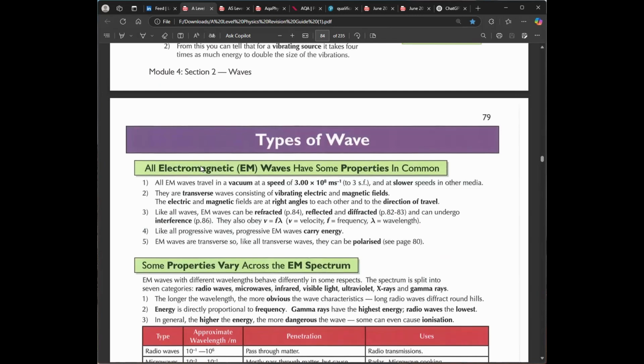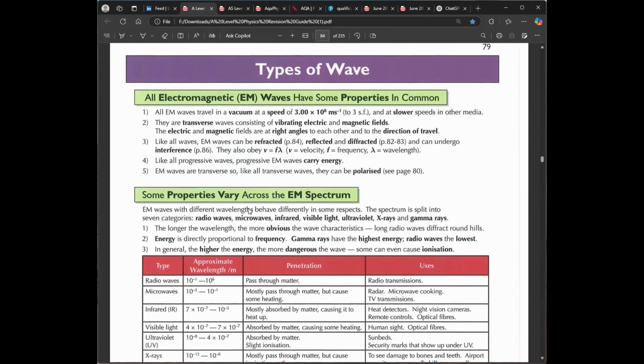One is the electric field wave, and the other is the magnetic field wave, and both are at 90 degrees to each other when they travel. But the vibration again is at 90 degrees to the direction of travel of the wave or the direction of travel of energy. And with waves, there come other properties that can be measured or phenomena that can be seen. Some of them are listed here.